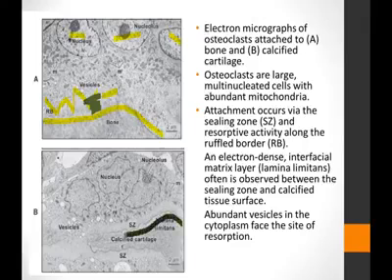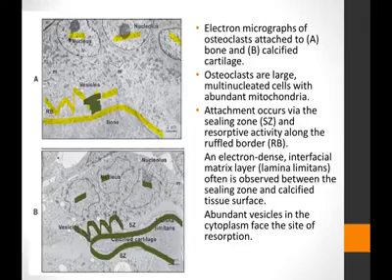This here is your calcified cartilage, and attached to it is a multinucleated cell with numerous nuclei. The border which is towards the calcified cartilage surface, which will actively resorb, would be ruffled, and it is called the ruffled border.